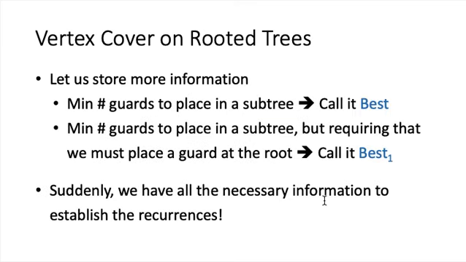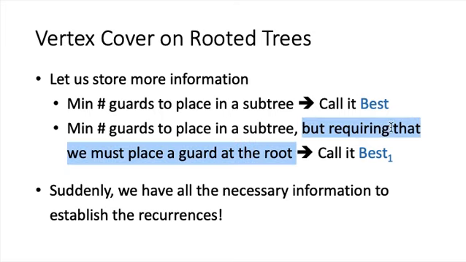Now to solve this problem, instead of just storing the minimum number of guards to place in the subtree, which we call best, we also store another thing. We want to store the minimum number of guards to place in the subtree so that all the edges are covered, but, this is important, we require that we must place a guard at the root of the subtree.